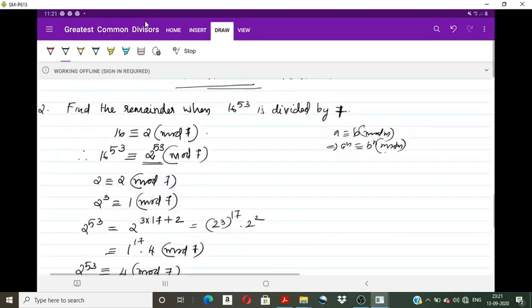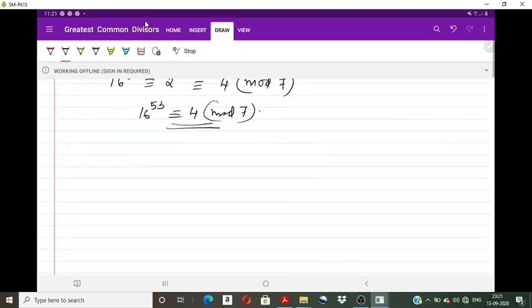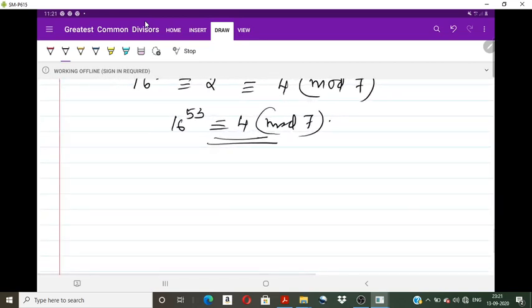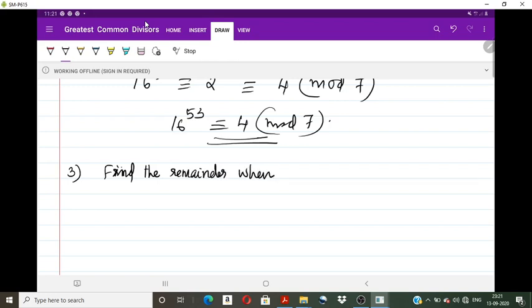Okay, so we can move to the next problem. Find the remainder when 3 raised to 247 is divided by 17.